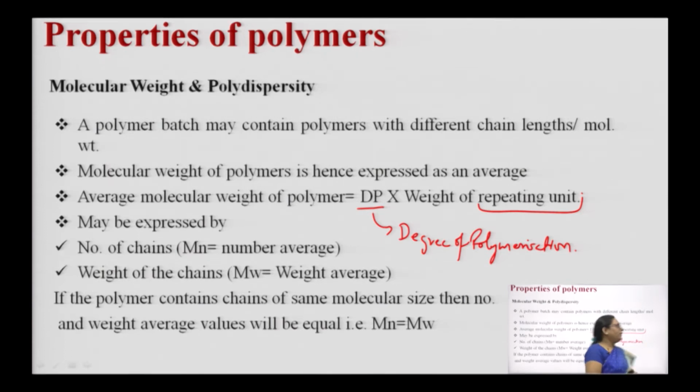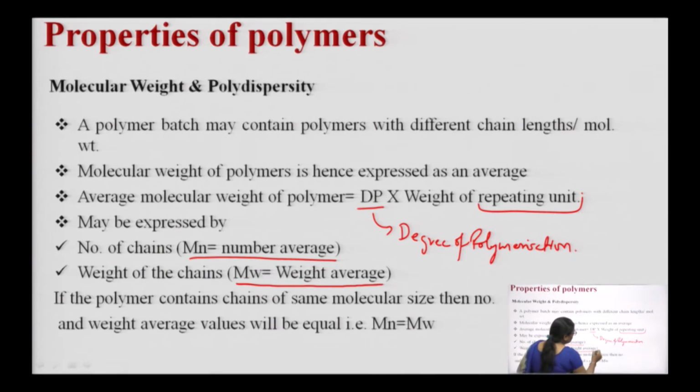Moreover, the weight of polymers may be expressed as number average or weight average, right. Number average is denoted by Mn and weight average is denoted by Mw.